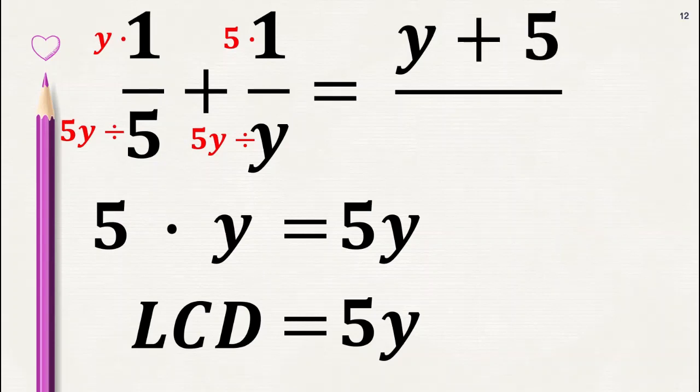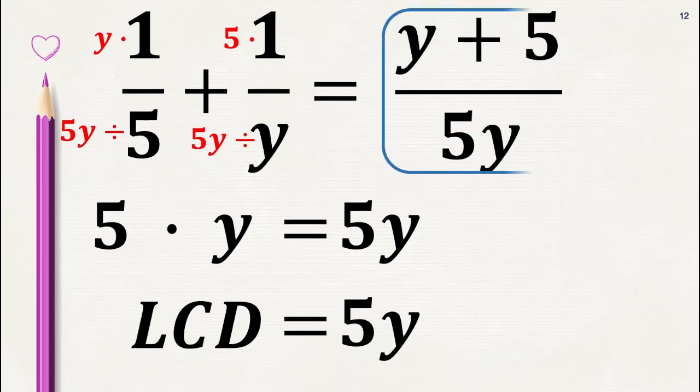Then, copy our LCD. Do not forget to check if you can still factor your answer. If you cannot factor your answer, then it is already our final answer. The sum of 1/5 and 1 over y is y plus 5 all over 5y.